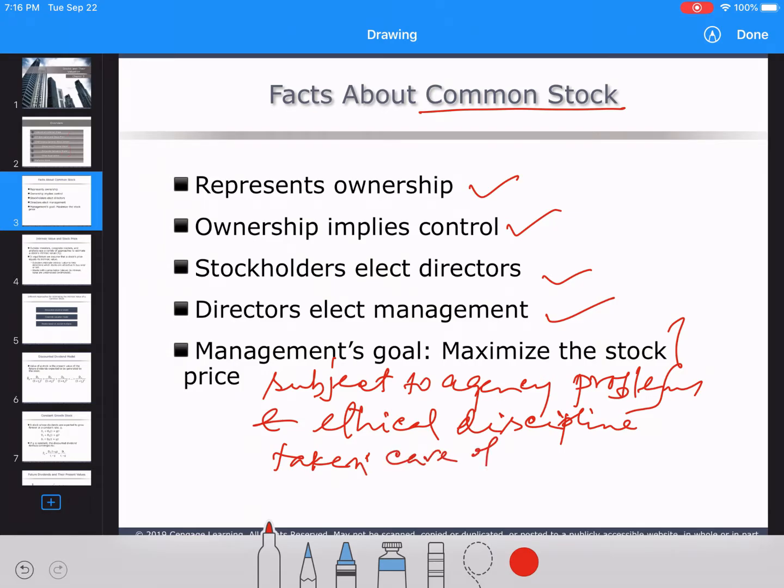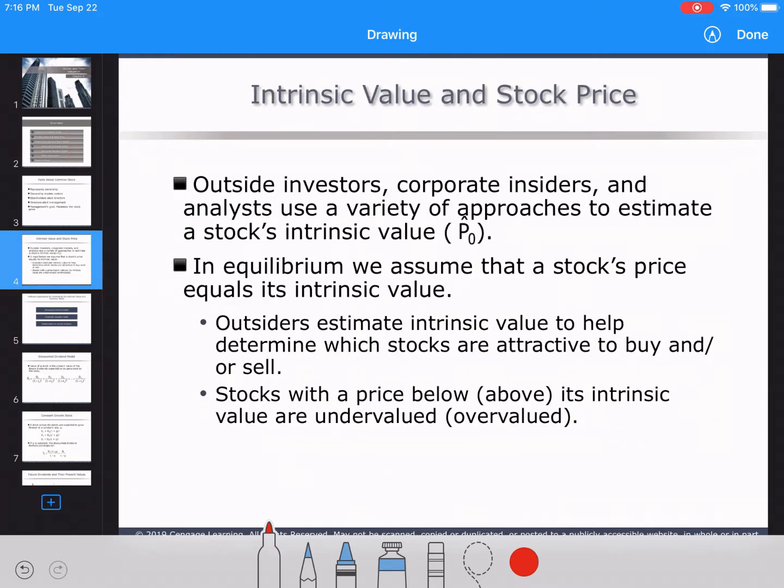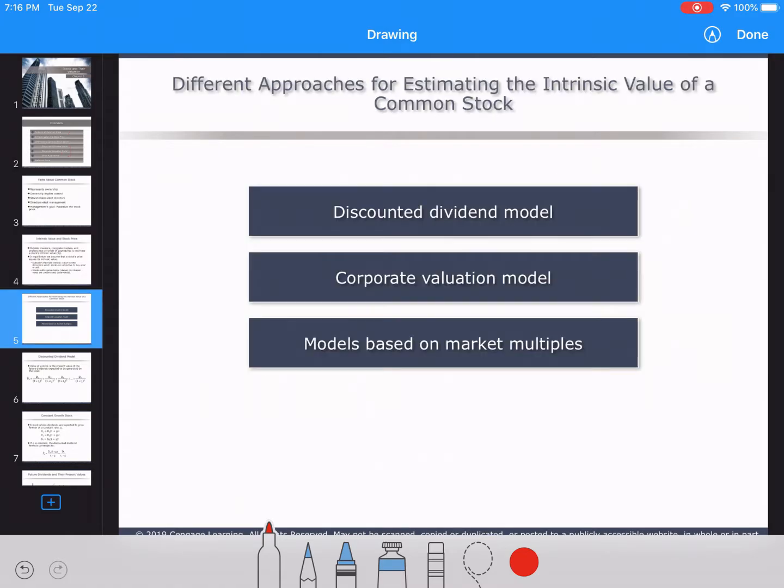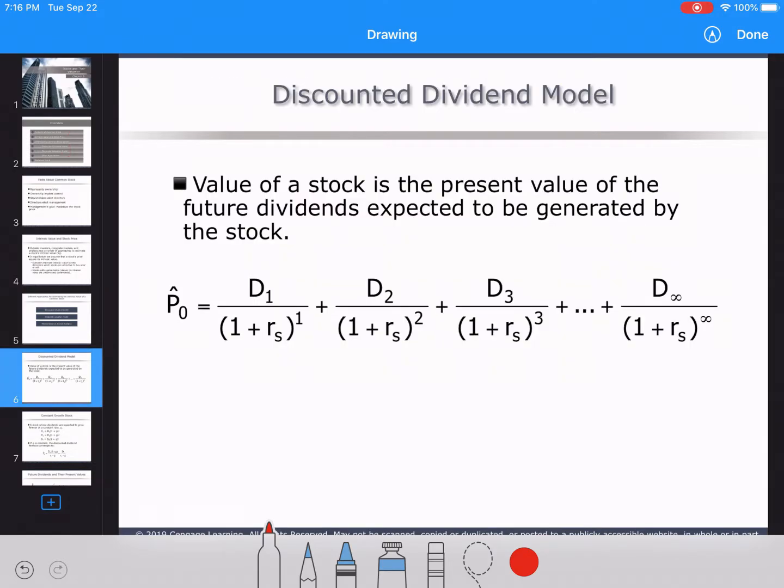Okay, and then we know how to. We are going to see what is the intrinsic value and what is the price. Price has to be equal to value. So we'll do the dividend discount model or corporate valuation model, and then a model based on the market multiples.